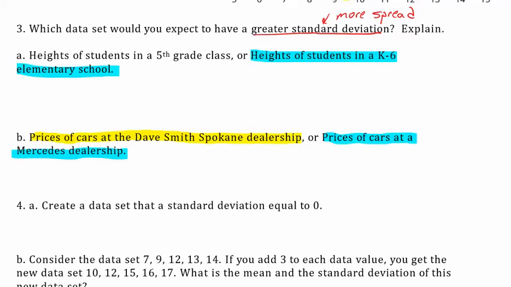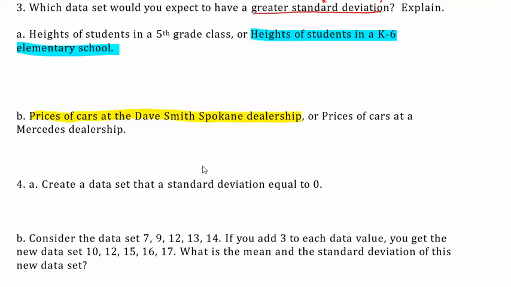Maybe you've got some less expensive cars and some more expensive cars. Like, I think he's got some trucks, which can be expensive, and then maybe some compact cars that are not as expensive. Whereas at the Mercedes dealership, maybe they're all expensive, so they're kind of clustered around an expensive number. So I'm going to guess the greater standard deviation is going to be at Dave Smith because they've got cars that are more spread out in their price range.